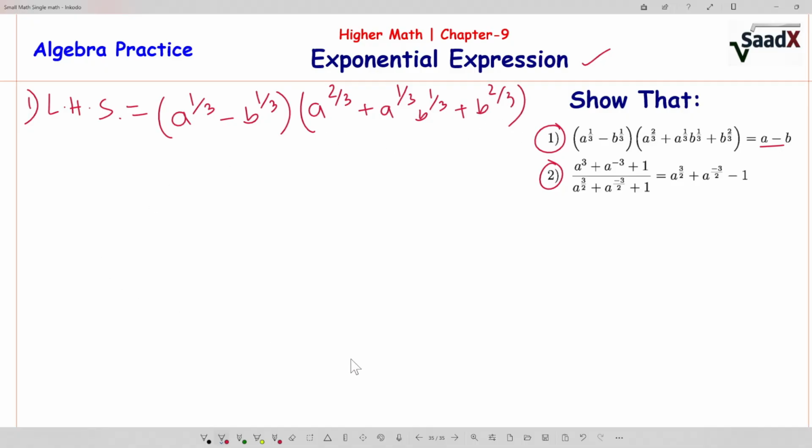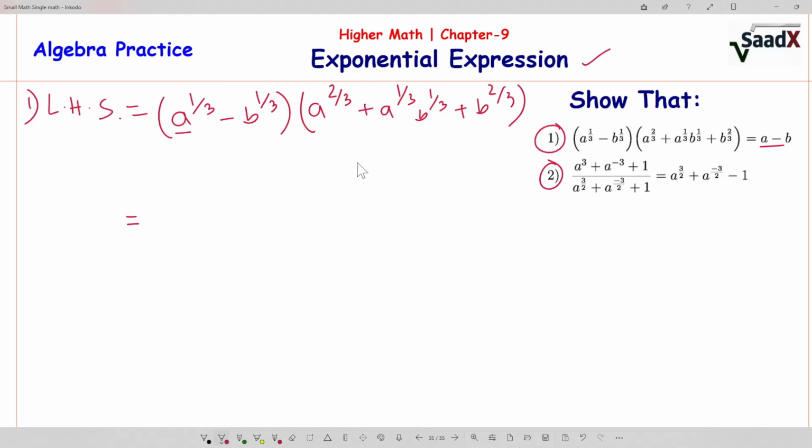Very simple things. Now look, here is the important thing. We have a to the power 1 by 3 minus b to the power 1 by 3, and here a to the power 2 by 3, and b to the power 2 by 3. Do these expressions have any similarity?